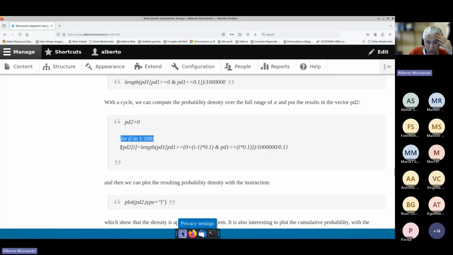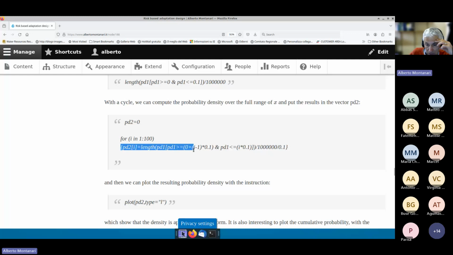And then I'm computing for each. So basically, it's a cycle of 100 routines. In each routine, I compute the frequency density, the probability density, in a moving sub-interval. Okay, look here.